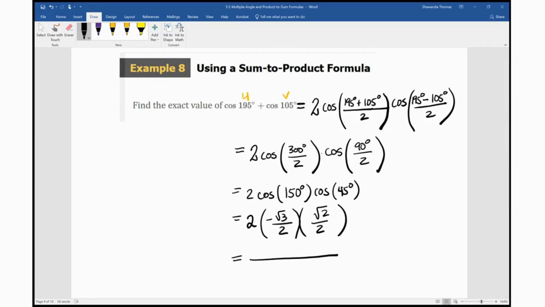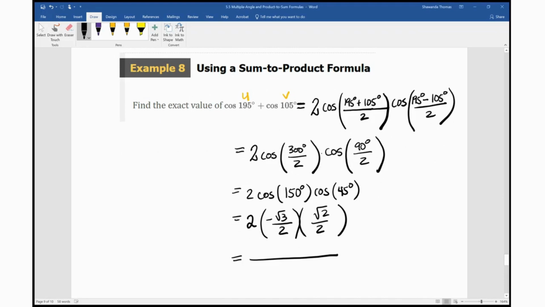All right, let's approach this question. Now, I can simplify something before we get started. Can anybody see something that maybe we can simplify before we multiply everything out? Cancel out the 2.